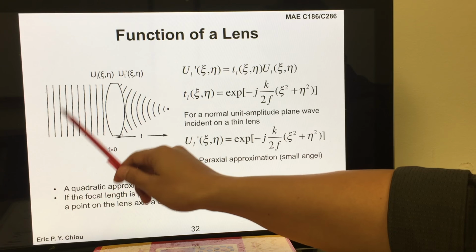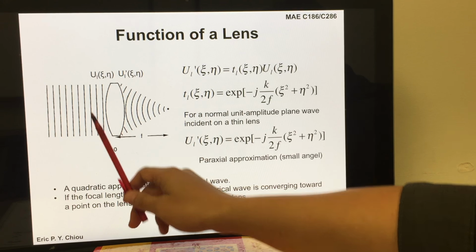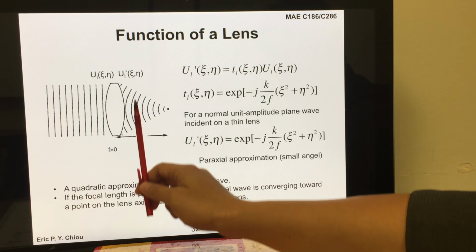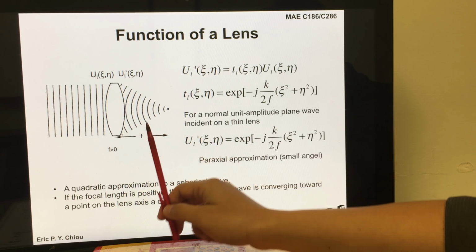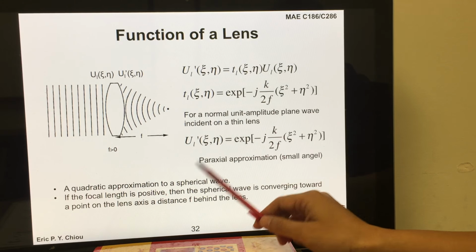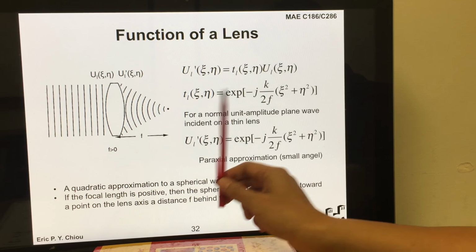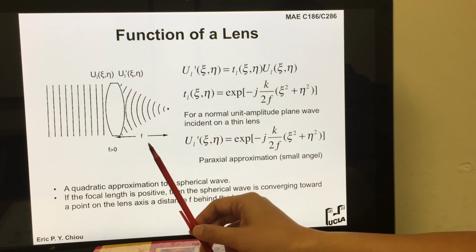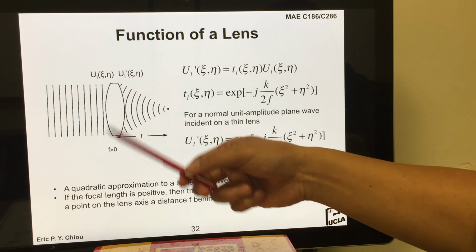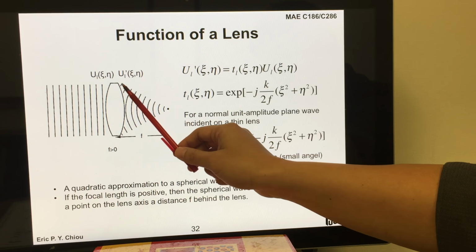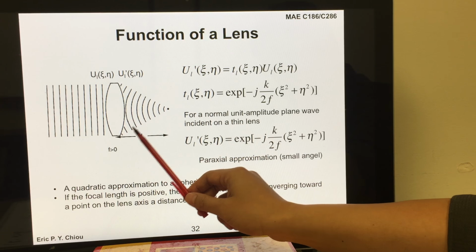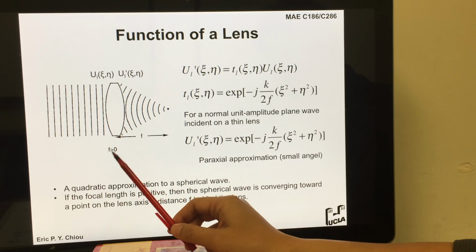And if you trace the curvature of this wavefront, you will see that it has a quadratic phase expression like here. Compared to the previous spherical wave that is diverging out, this is a spherical wave converging to the focal point.